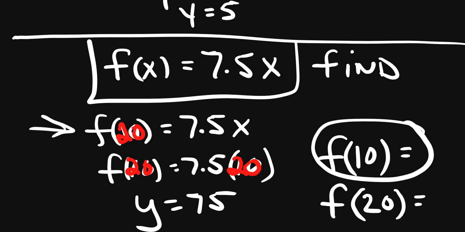And it looks like y now is going to be equal to 20 times 7.5, which gives me 150. And there is our introduction into function notation. We'll be using this in this section here. Okay? All right, let's move on.